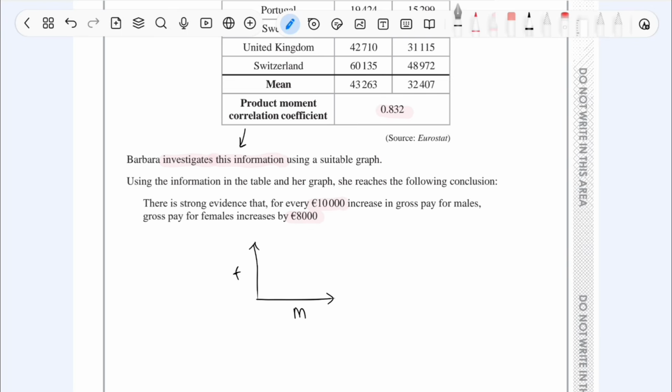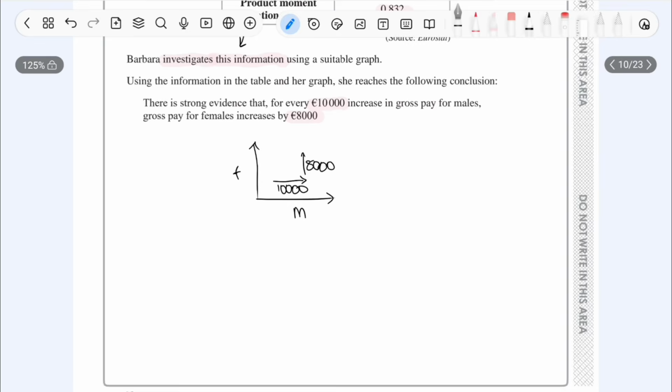Because we know what the pay for the males was, we're looking at how the females differ from that or respond to that. Therefore, for every 10,000 increase for males, we have an 8,000 increase in females. Then you can just do your change in y over change in x, and you'd get 0.8 as your gradient.